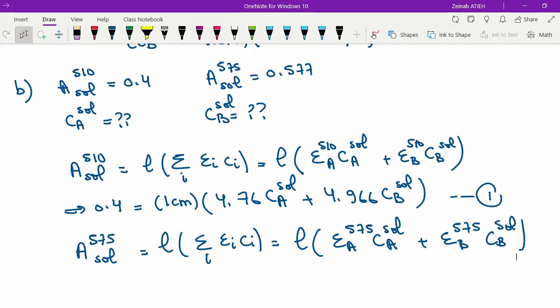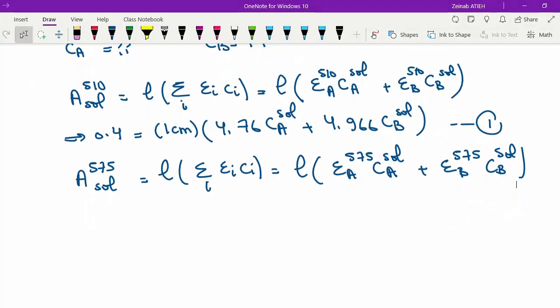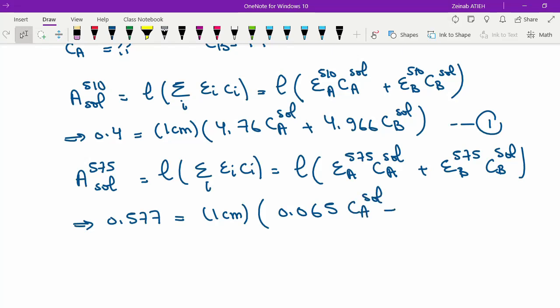Similarly, we have everything except Ca and Cb. So we will get 0.577 equals 1 centimeter times 0.065 Ca in the solution plus 12.6 Cb in the solution. This is equation 2.